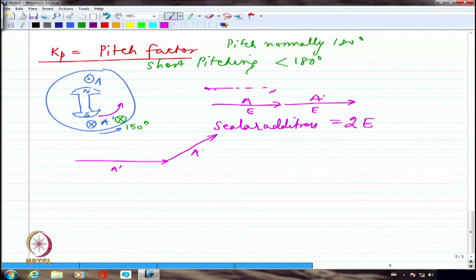The voltages of each of them, I am showing it as though they are shifted. Now, how much ever is the angle of this shift, that depends upon how much is this short pitch angle.